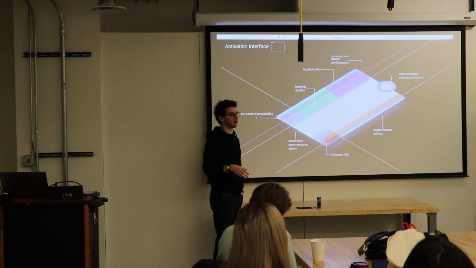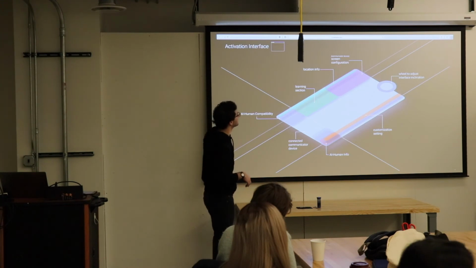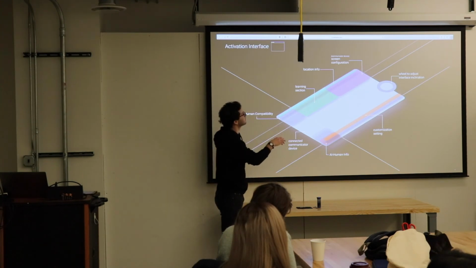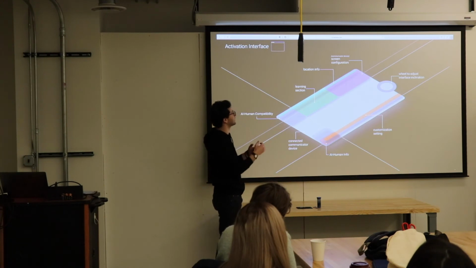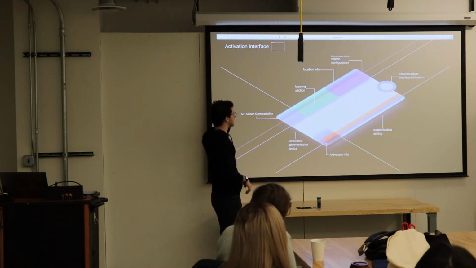If you want to see more of this, I can show all the images that you want after the presentation. And we have the screen configuration, so that you can decide how to set the screen with your device. The location info, where you are, like Chicago and all of that.